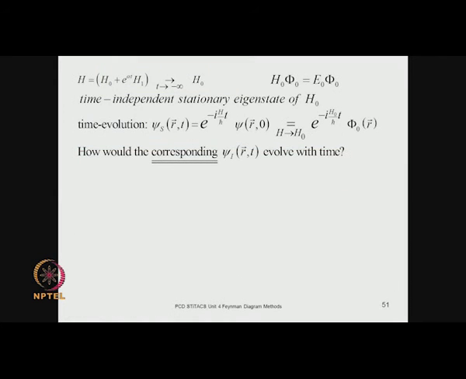Okay. So, that is what we have got over here, and now we ask, this is how the Schrodinger picture wave function evolves with time. We ask, how would the corresponding interaction picture wave function evolve with time? We know the answer. The interaction picture wave function would evolve as the Schrodinger picture wave function operated upon by e to the i H0 over h cross t.